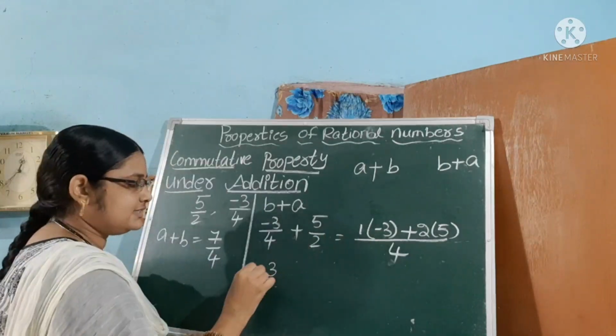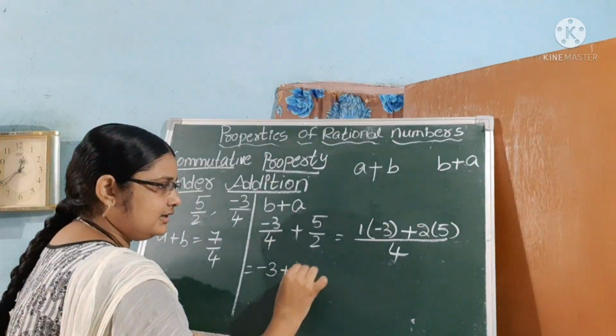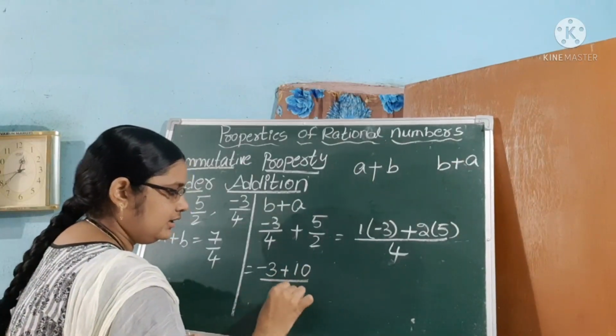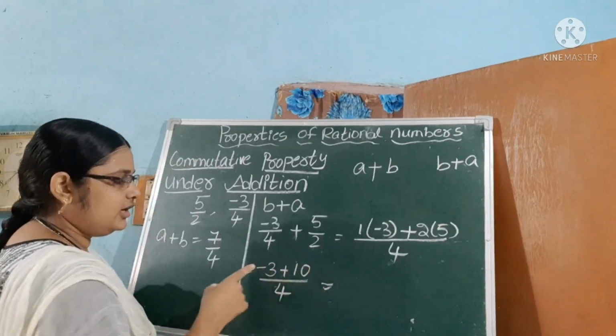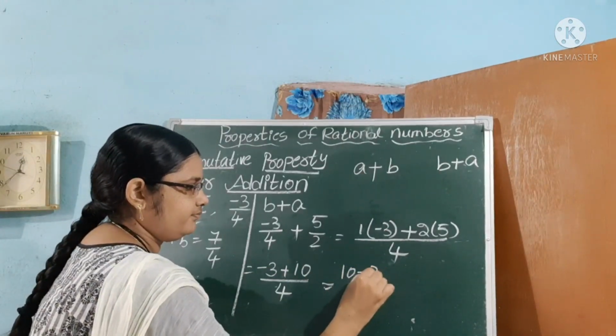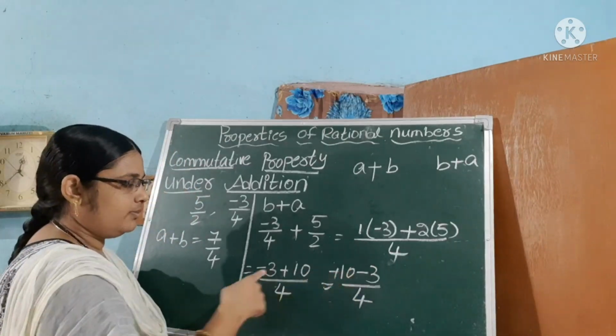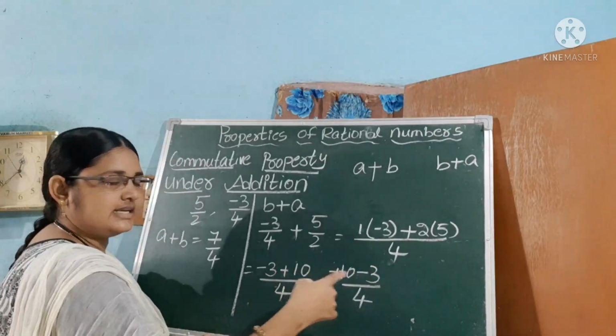Did you understand? Next 1 3s are 3. So here minus, plus 2 5s are 10 by 4. So here what is the value? Minus 3 plus 10. So let us write like this. Is there any change? So minus 3 plus 10.